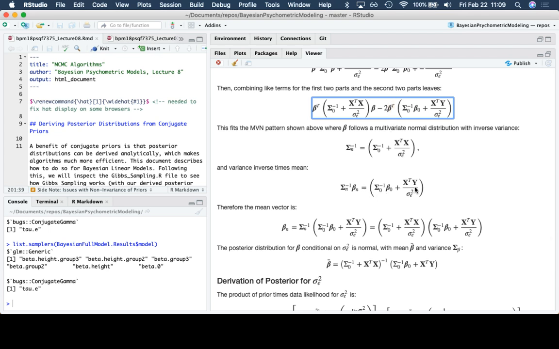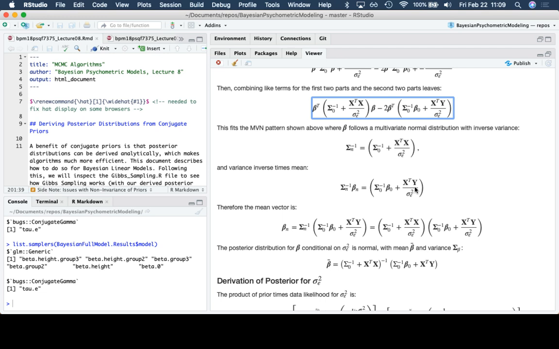What it ends up being is the variance inverse times beta n right here. So when we put that all together, the mean vector turns out to be this. This is the mean of beta in the posterior for the multivariate normal, which can be written down here. We can move things over to make this work.